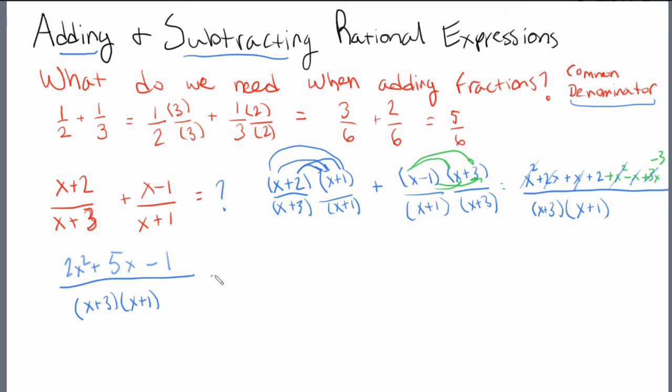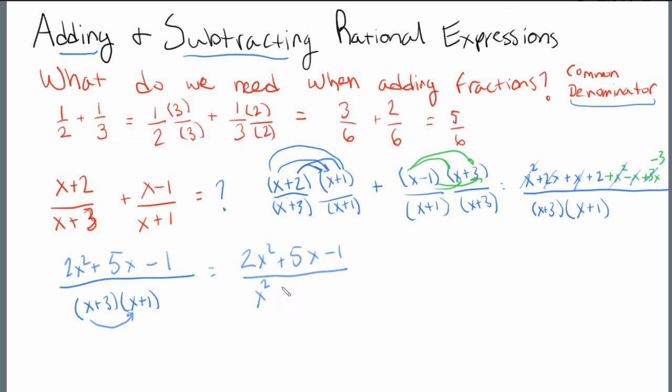We could try to factor the top. I don't think it's going to work. So if we wanted to take it one step further, we'll just go ahead and FOIL the bottom. One thing you should notice is problems like these take time. They're very time consuming. There's a lot of steps, mostly involving FOIL and factoring, which is why we spend so much time on it.